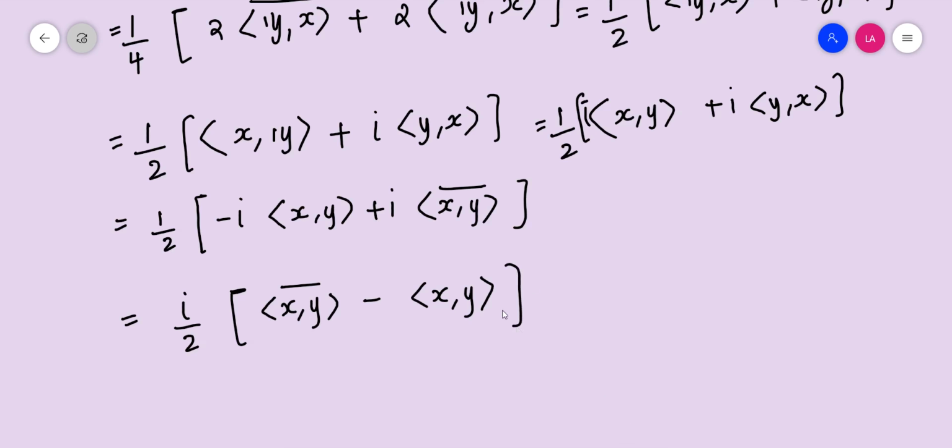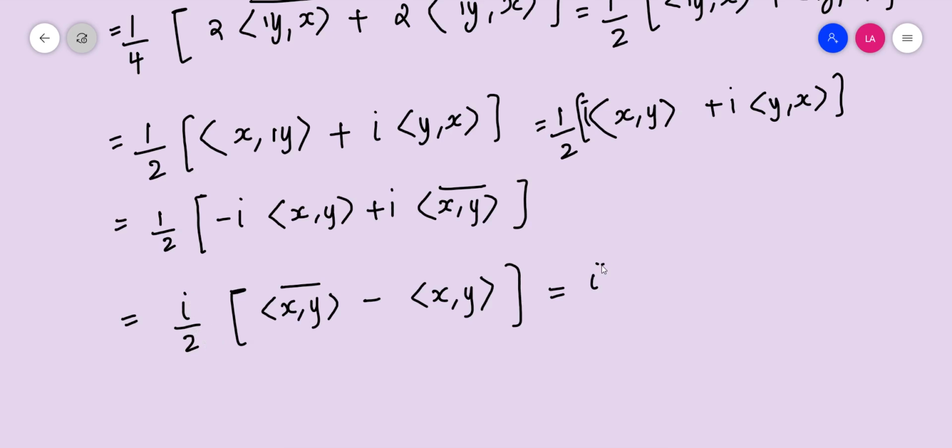Okay, so this is actually the difference between a complex number and its conjugate. Now for convenience, we multiply this numerator and denominator by i.